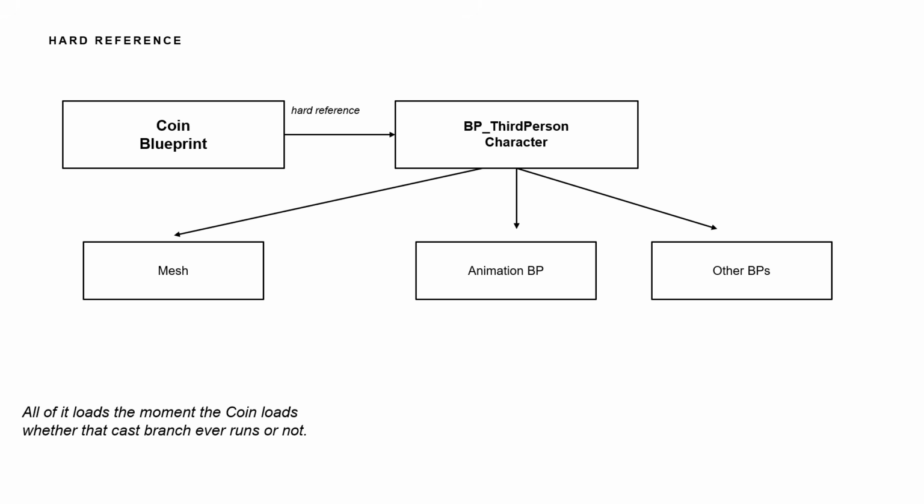And anything inside of the BP Third Person Character, like its mesh, its animation Blueprint, all its materials, all its Blueprint references, all of that loads too. And this happens whether you actually use the cast branch in your coin Blueprint or not. Simply having it there will give it a hard reference.